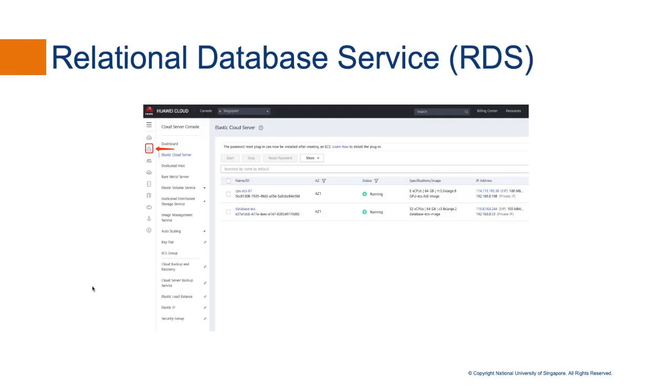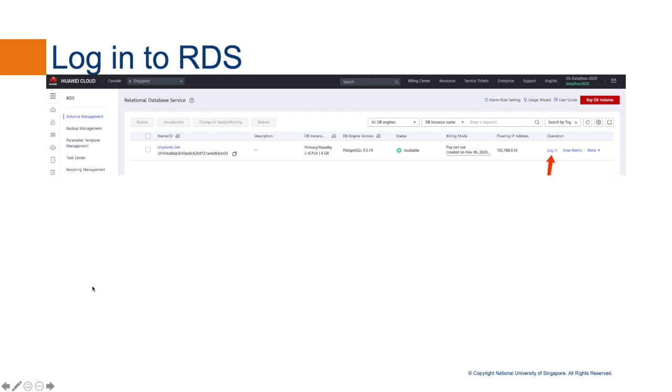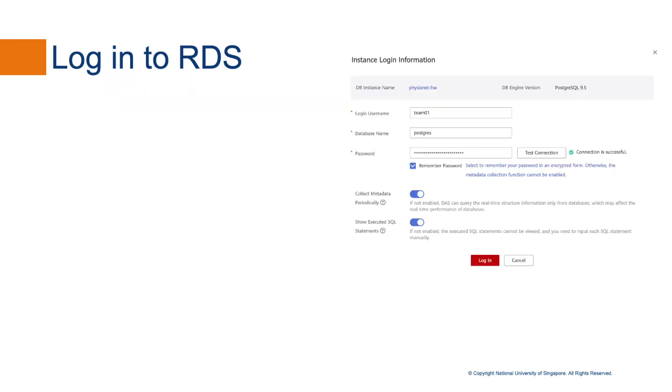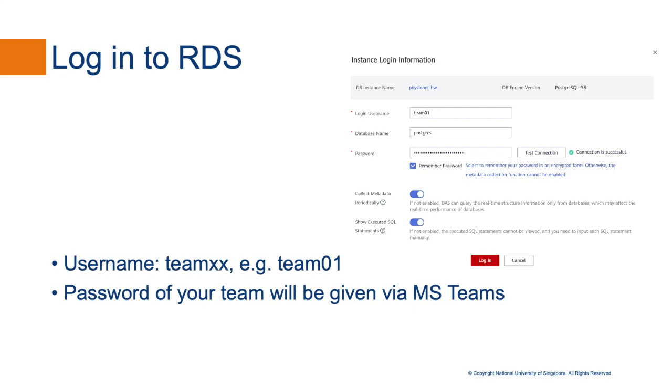Now, let's learn how to use DAS to access the databases in RDS. Go to the leftmost column of logos in the console page. Click the second logo. You will see there is one RDS instance running. Please click Login. You will see the login page. The username will be your team number, for example, team01.